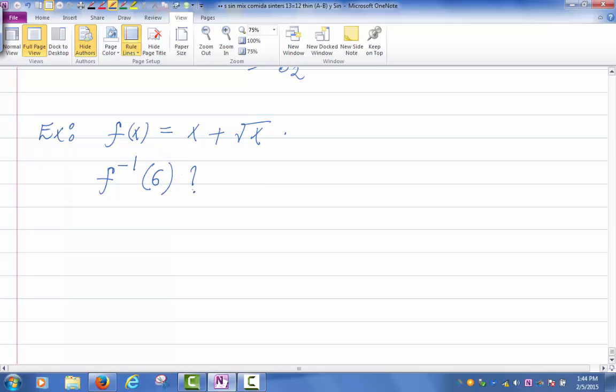So what's the value of the inverse of f at 6? Let me give you 30 seconds to think about what the answer is. What is f inverse of 6?